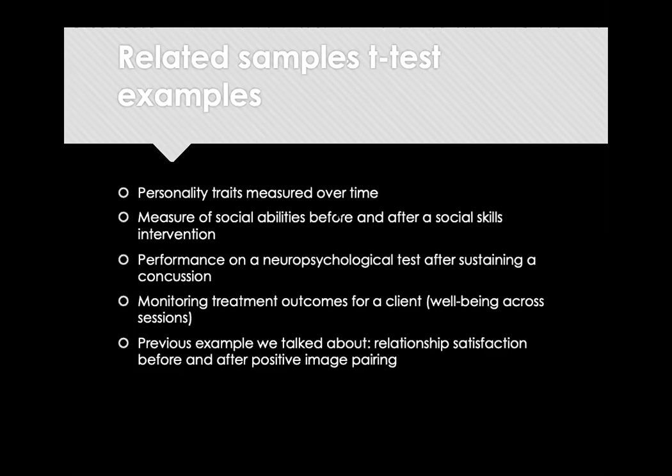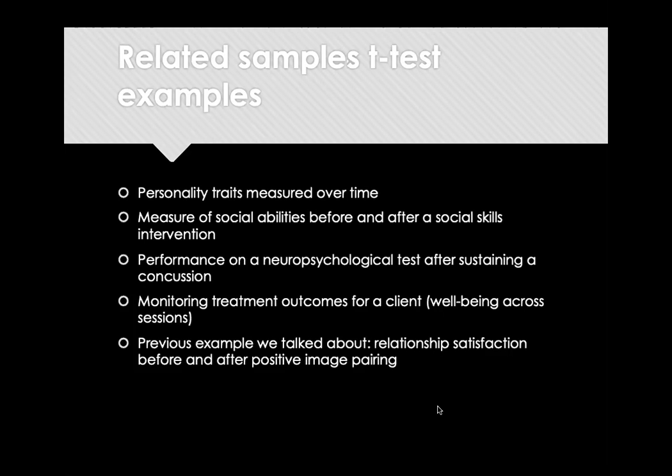So personality traits measured over time, right? We might measure a personality trait, for example conscientiousness. How conscientious is someone, and does that change over time or after a particular intervention has occurred?